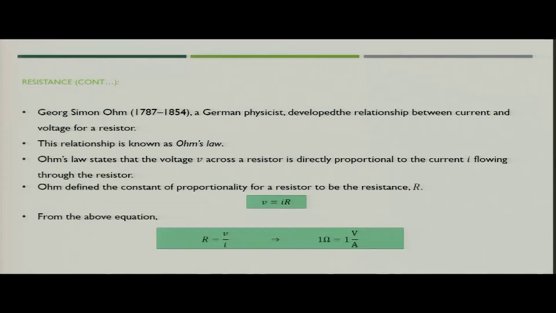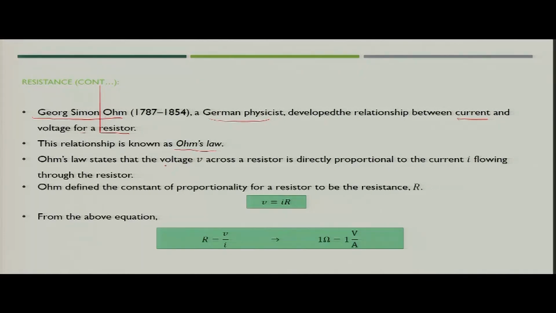Now, how did the resistance property come into the literature? George Simon Ohm was the German physicist who developed the relationship between current and voltage for a resistor, and this relationship is called Ohm's law. Now, what does Ohm's law say?